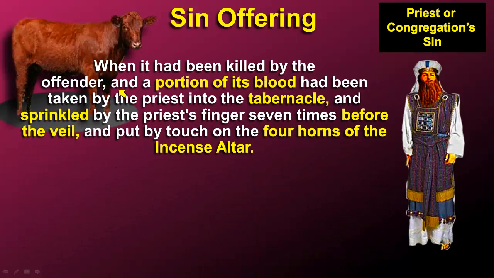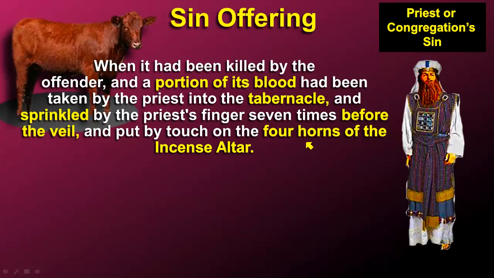When it had been killed by the offender, and a portion of its blood had been taken by the priest into the tabernacle and sprinkled by the priest's finger 7 times before the veil, and that's the inner veil, if you will, in the tabernacle, and put by touch on the 4 horns of the altar of incense.